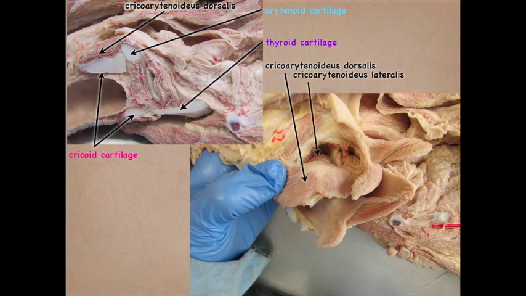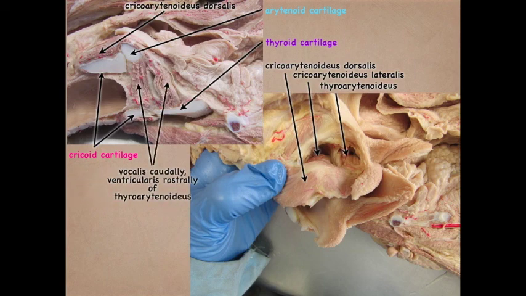Okay, now here we see the cricoarytenoideus lateralis. And over here we see the thyroarytenoideus. The thyroarytenoideus is seen also on this image here, where we can see both the vocalis portion, which is in the vocal fold, and the ventricularis portion, which is rostral to this opening right here, which is the laryngeal ventricle.